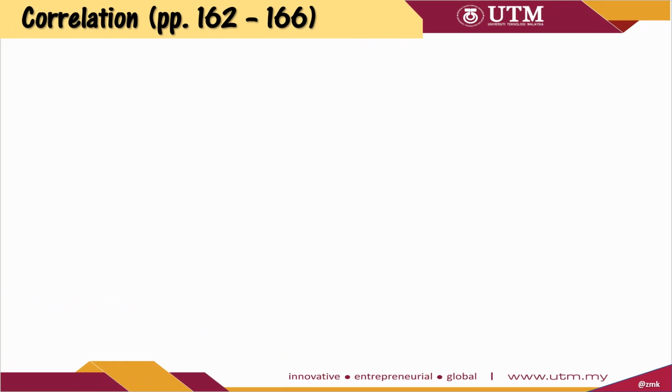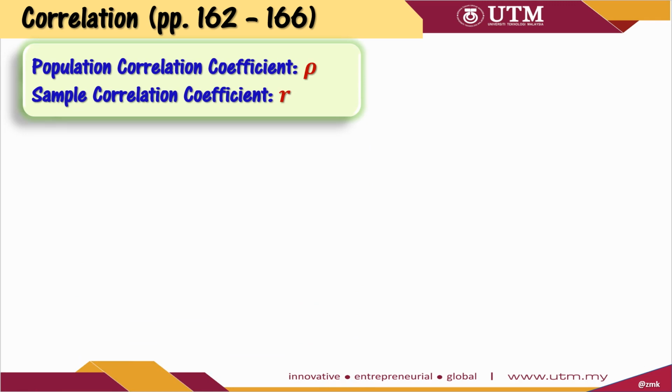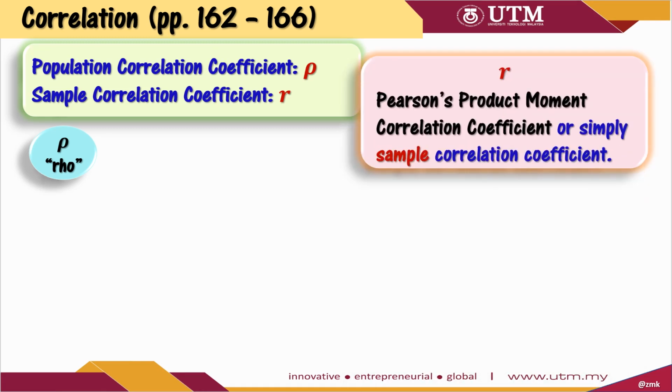Let's focus on the correlation measure. You may refer to the Statistics for Engineers textbook on pages 162 until 166 for detailed explanation. For population data, the correlation measure, which we call the correlation coefficient, is commonly denoted by a Greek letter called rho, whereas for sample data, the correlation coefficient is commonly denoted by R, where R for two continuous or quantitative random variables is precisely Pearson's product moment correlation coefficient, or simply a sample correlation coefficient.